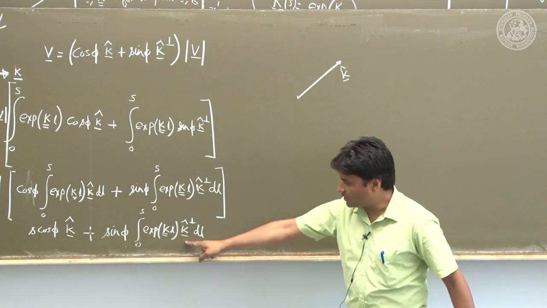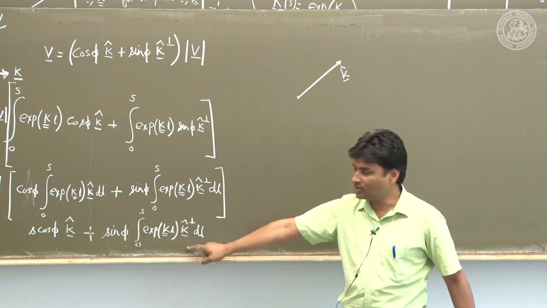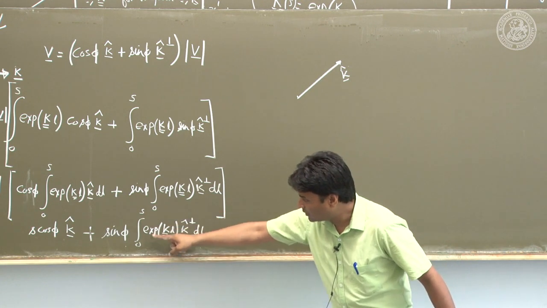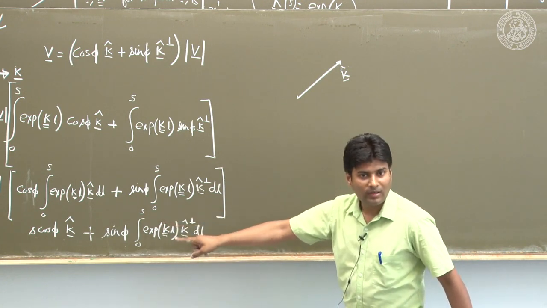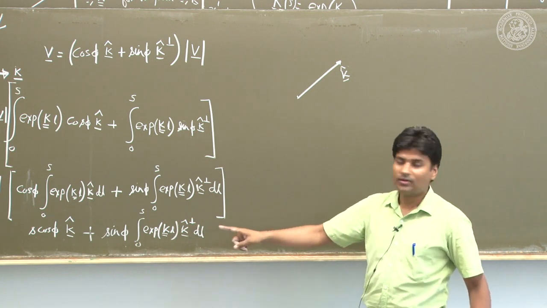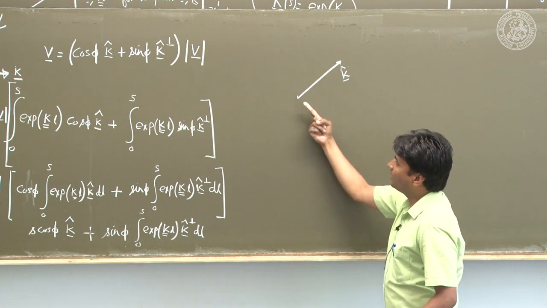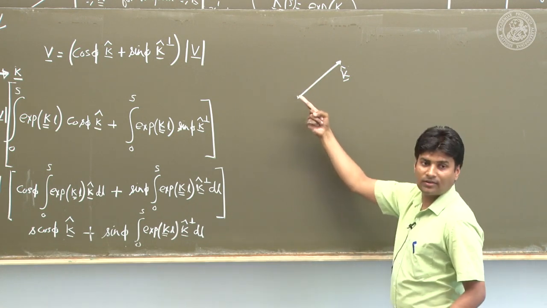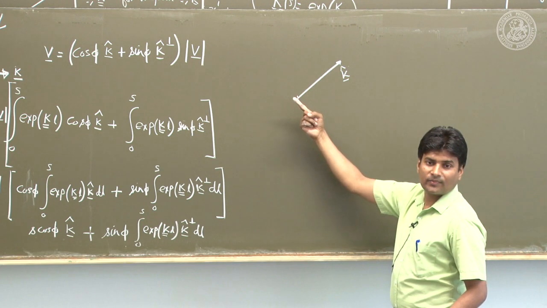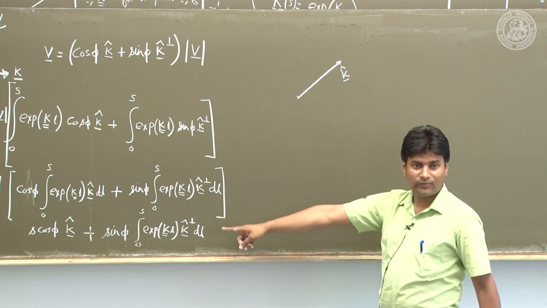But what is this term doing? Can you see what this is? So, you have a rotation matrix multiplied with K hat perp. So, that is the rotation matrix, and K hat perp is in that direction. So, what is that going to give you?